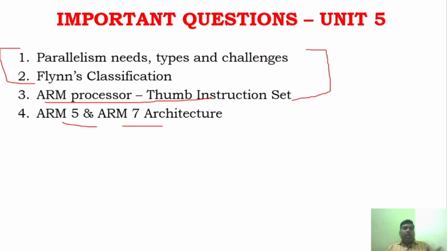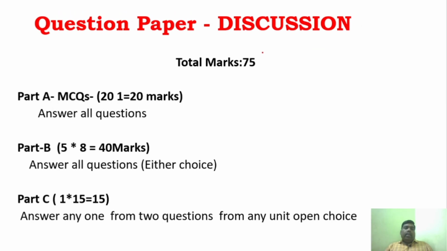And we'll see about university questions. University question paper discussion. For the university question paper, I'm not going to discuss the question paper itself, because this syllabus is new. Before this, we had a lot of syllabus changes and the pattern has also changed. If I discuss any particular question paper here, that will confuse you.